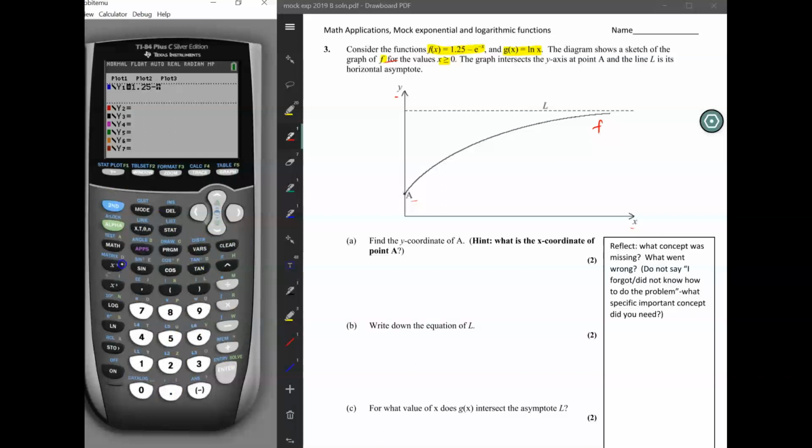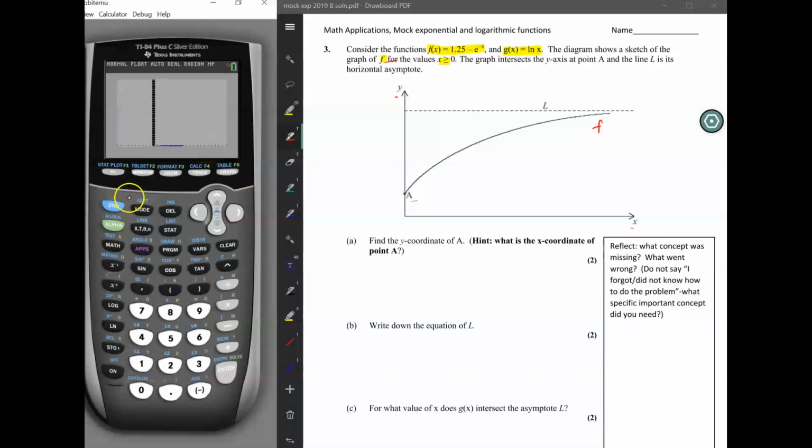Remember, we type e using second ln, and then we put negative x, and make sure you use this little negative sign at the bottom. When you are putting it at the beginning of an exponent, you should put this here at the bottom. And then let's see, we're going to figure out what the point A is. Let's graph it for a second. Oh, we need to fix our graph too so that it's like it was before.